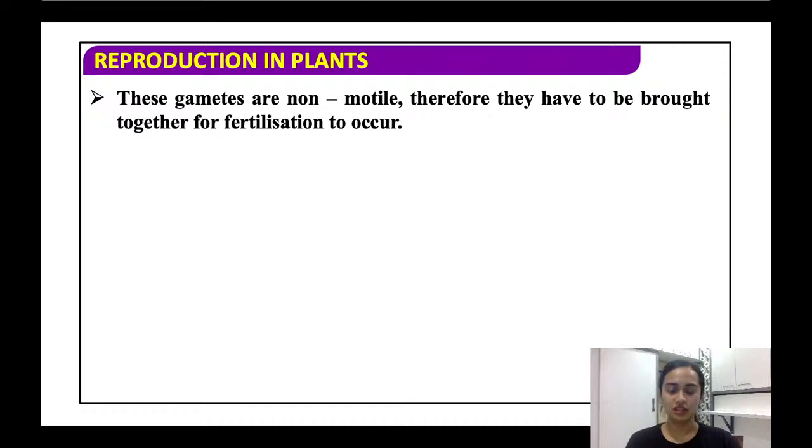Therefore, there has to be a medium like wind or insect that takes the pollen grain from one flower and deposits it into another. That is why pollination is important, because both the gametes are non-motile.